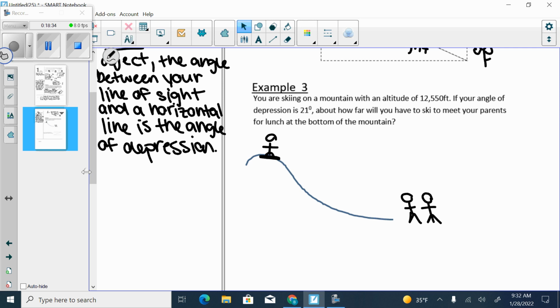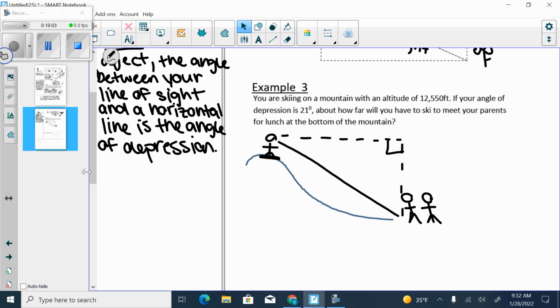So if you're up at the top and you are looking down on them, here is your line of sight, right? Like I said, your horizontal line probably does not technically exist, right? So it's just something out here, so that we have that 90-degree angle.